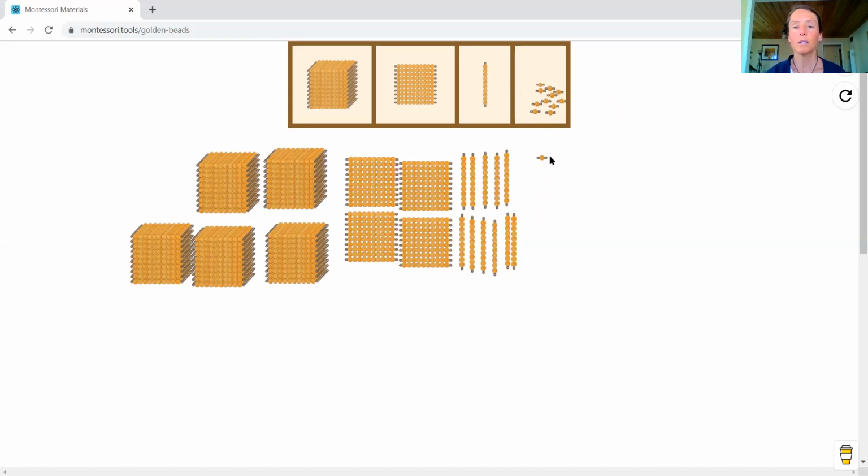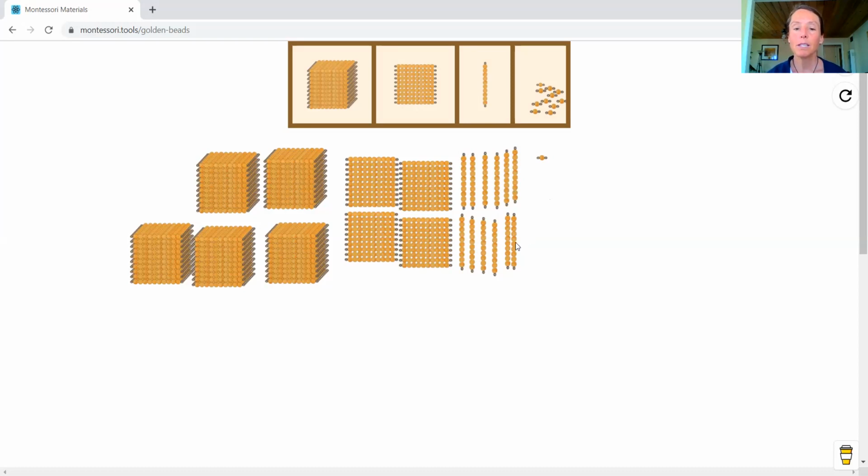Because our rule is when you hit 10, you're going to exchange that for one 10 that I get to bring down, and it goes into my tens area. So in my units, I will have just a 1 underneath that. I'll show you how we write that down afterwards.